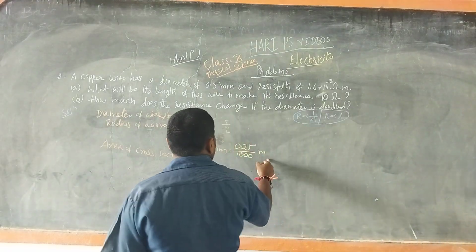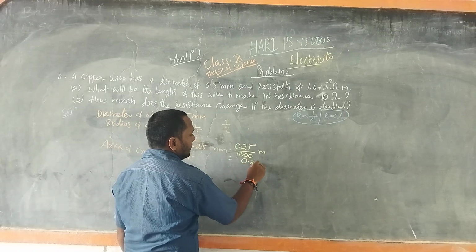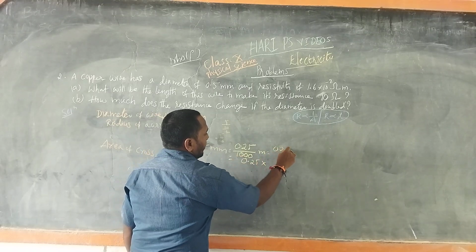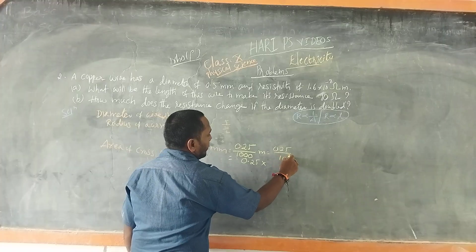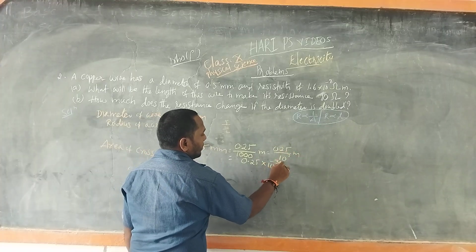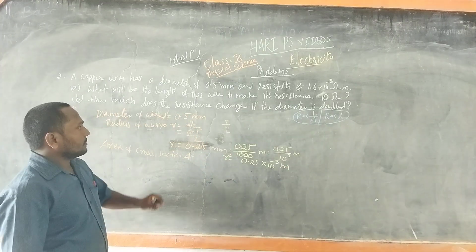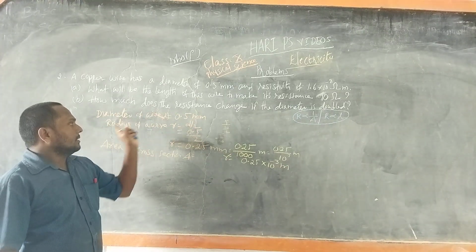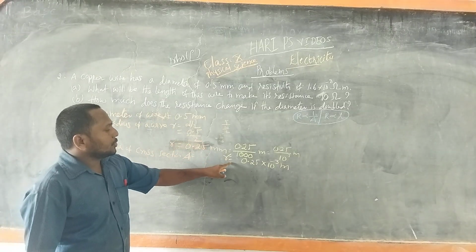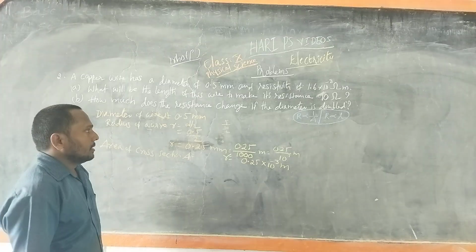So this is written as 0.25 by 10 power 3 meters, that is 0.25 into 10 power minus 3 meters. So the diameter is given, and it has to be used to find the radius.